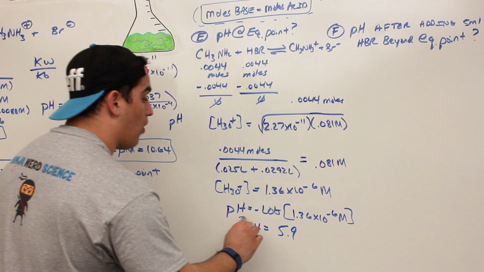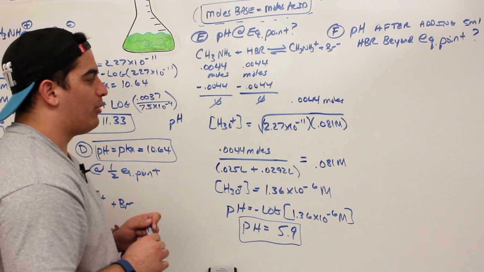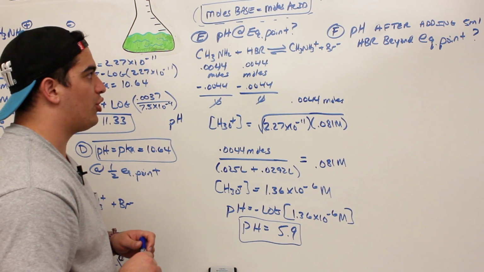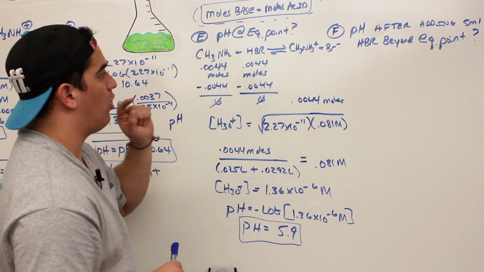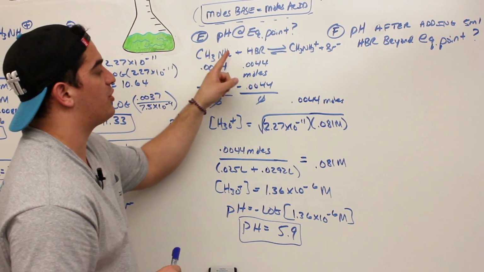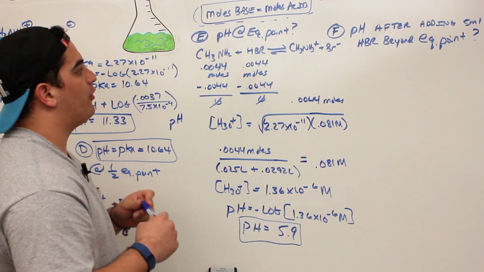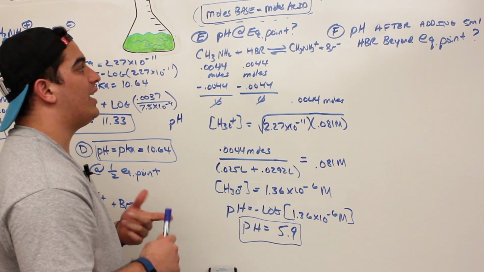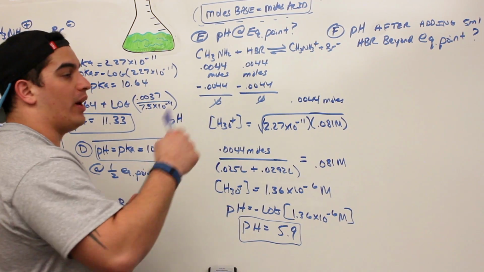This should make sense. Why? Because if you remember, we talked about it briefly in the titration curve whenever we did the titration with, in this case, a weak base and a strong acid, but the other one we did a strong base with a weak acid. And we said that whenever you're reacting a strong base with a weak acid, the pH at the equivalence point should always be greater than 7.